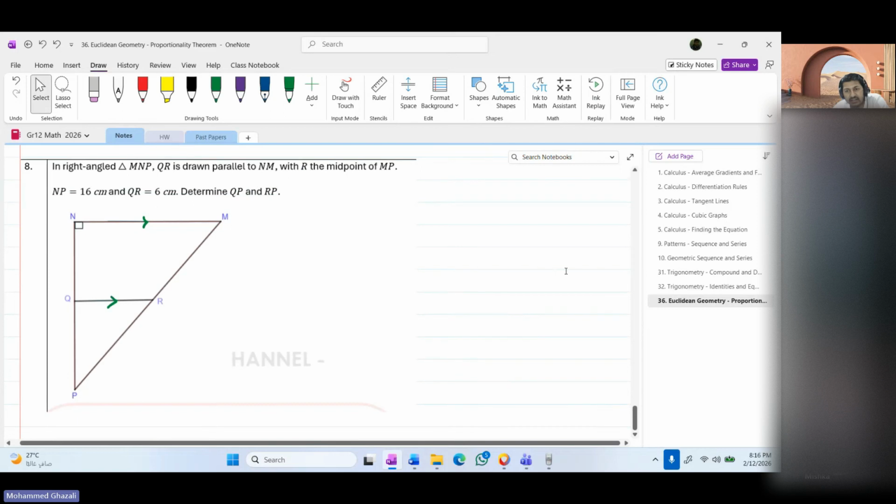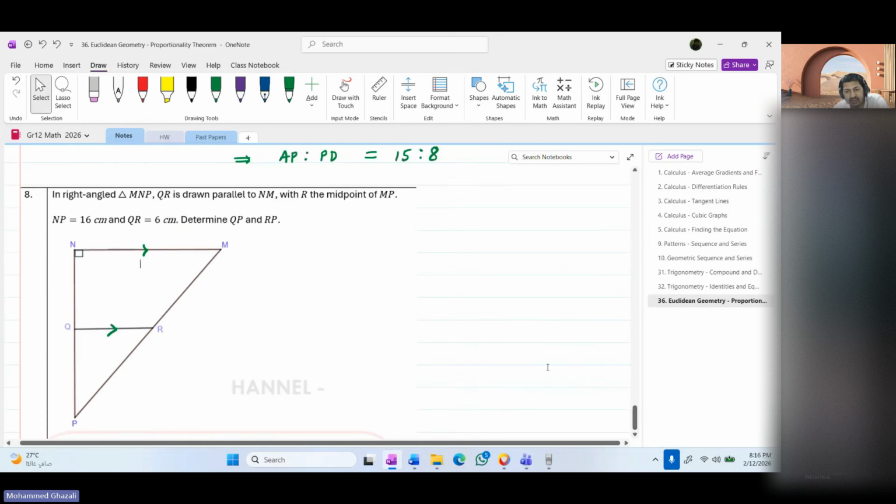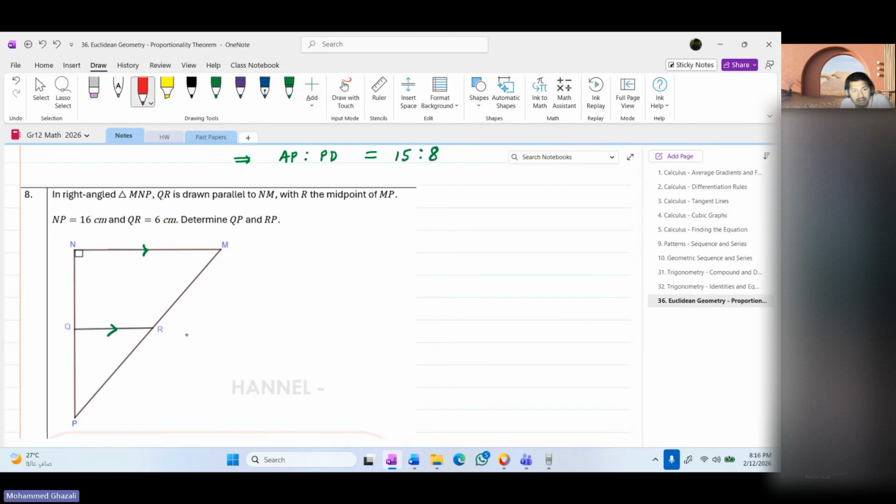Okay. See what they're telling us? They're testing us on the midpoint theorem. Great. What is R? R is the midpoint. What does midpoint mean? You can go and use the prop theorem as well. You can forget about the midpoint theorem, but if you use the midpoint theorem, no issues, right? So R is the midpoint of MP.